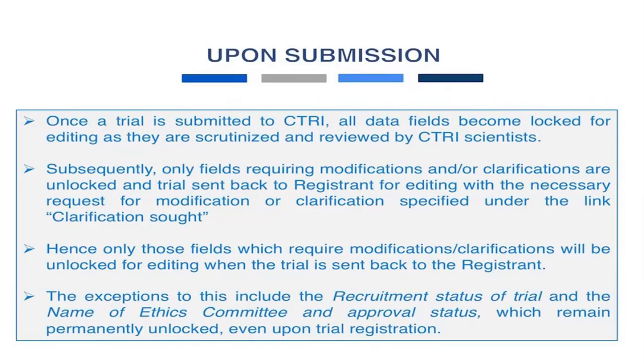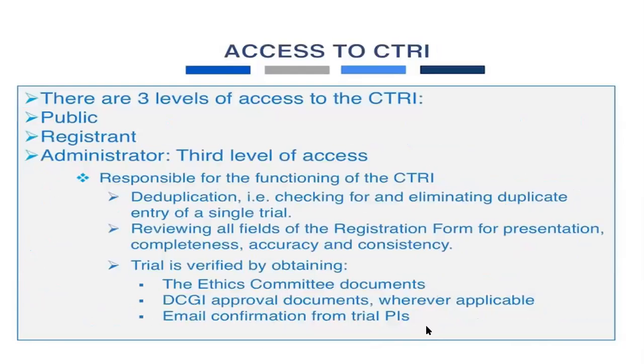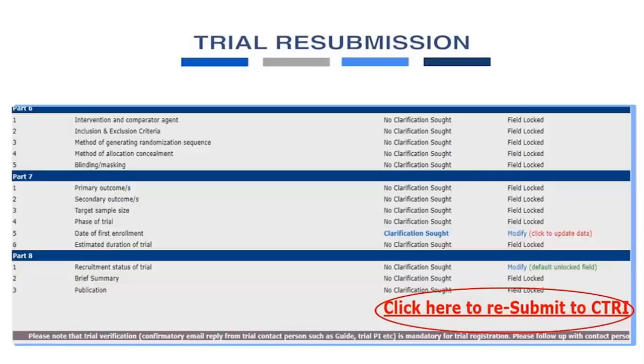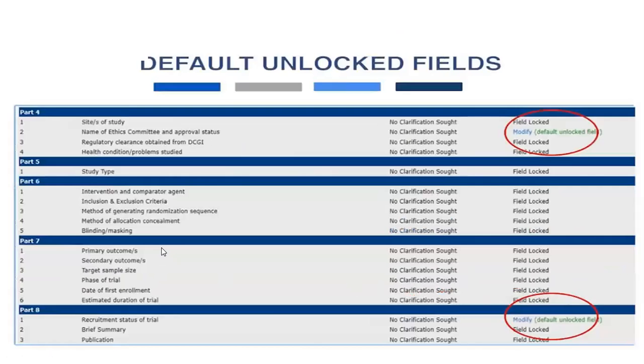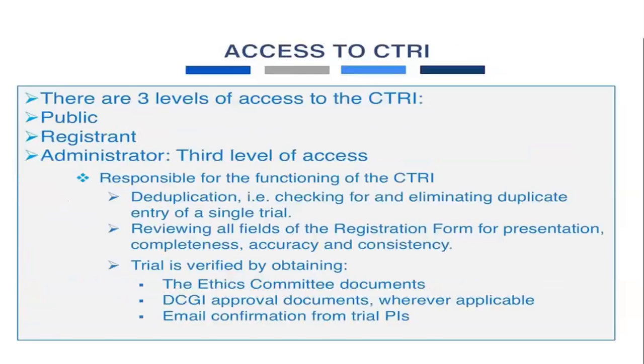The exceptions to this include the recruitment status of the trial, and the name of the ethics committee and approval status, which remain permanently unlocked even upon registration, as you can see here. These two fields remain permanently unlocked because they will require updating.